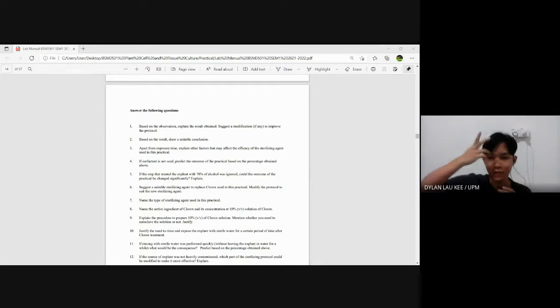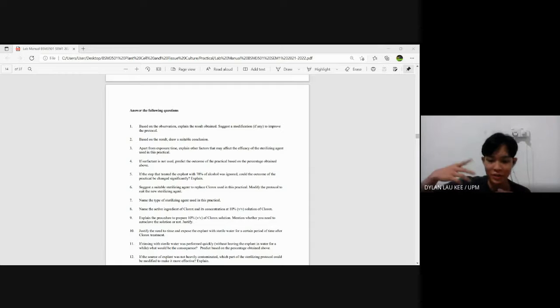Okay. Why is it halogen? Can I try? Okay, sure. Is it because halogens have a greater absorption rate than any other sterilizing agents?